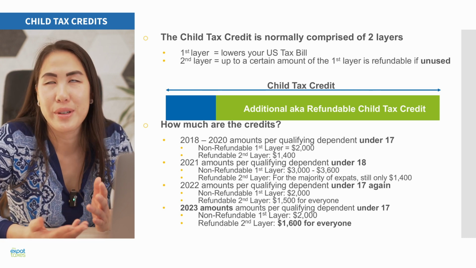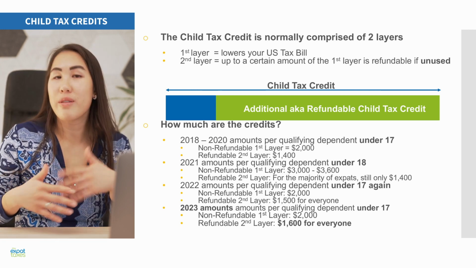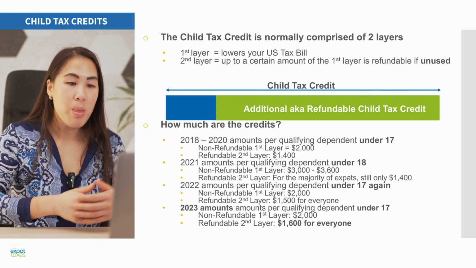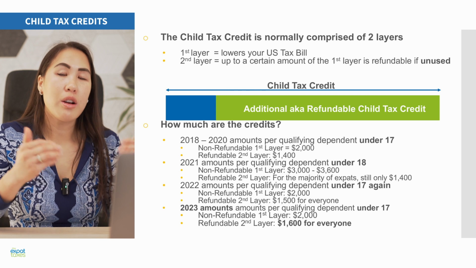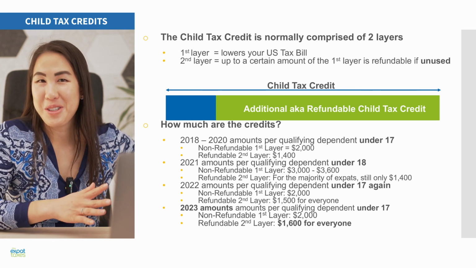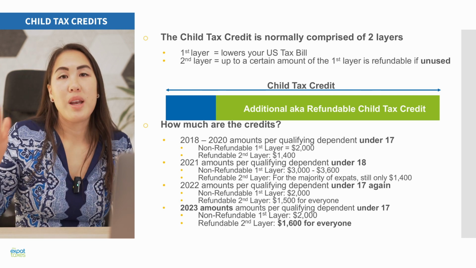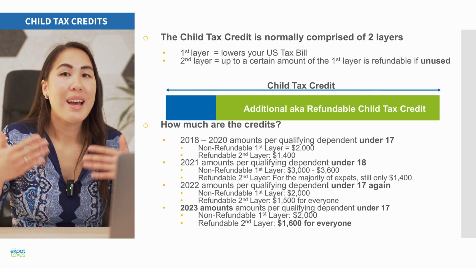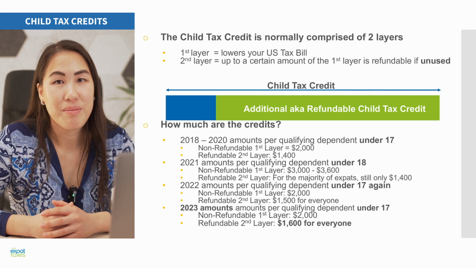So what does that mean? Well, let's focus on 2023, because obviously we're filing 2023 returns now in calendar year 2024. If you have a child under the age of 17 in 2023 with a valid Social Security number, you would have been able to claim up to $2,000 as a non-refundable credit on your tax return per child.